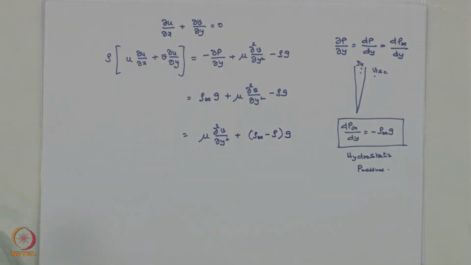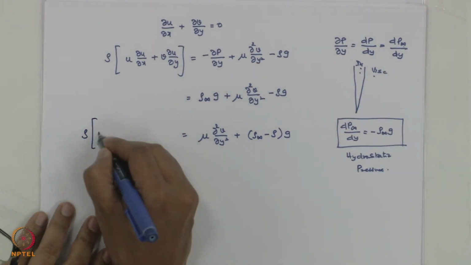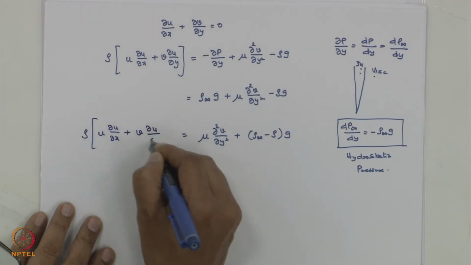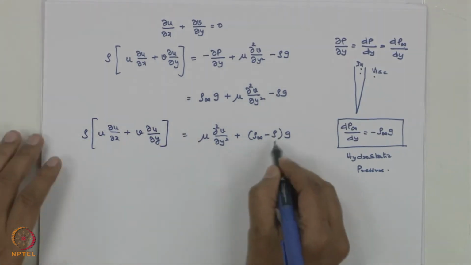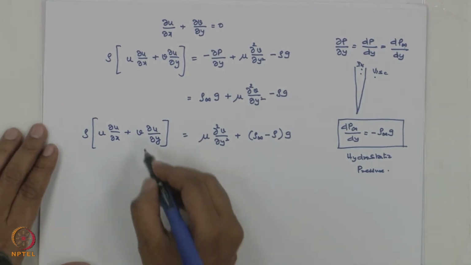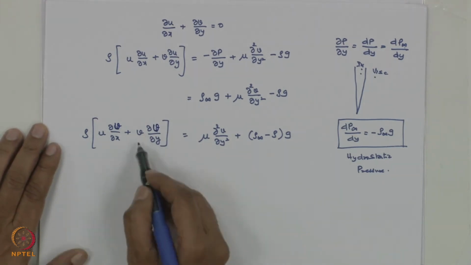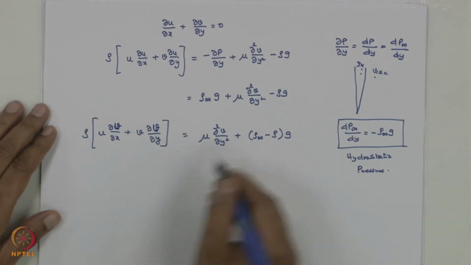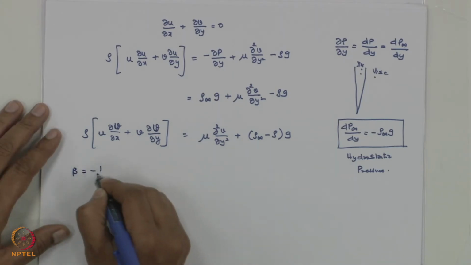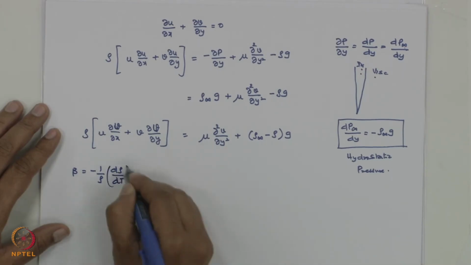If you recall, beta we have defined as minus 1 by rho d rho by dT at constant pressure.